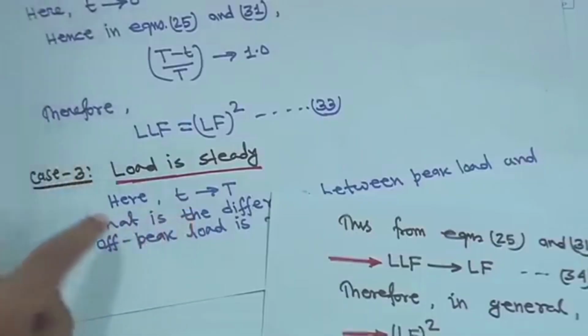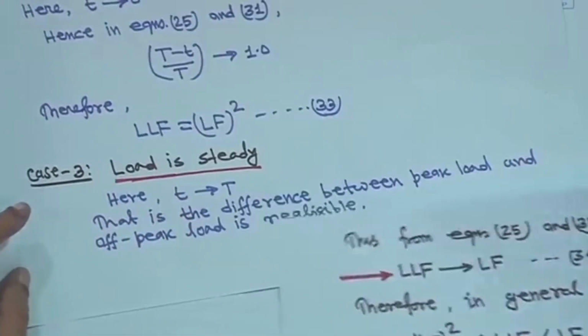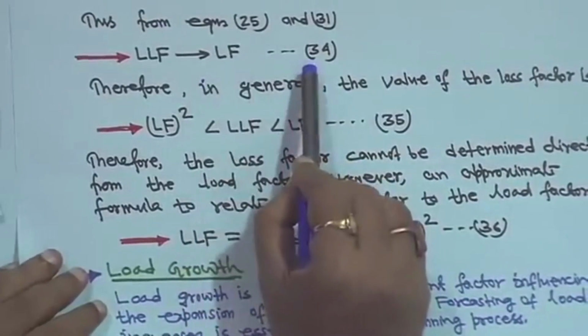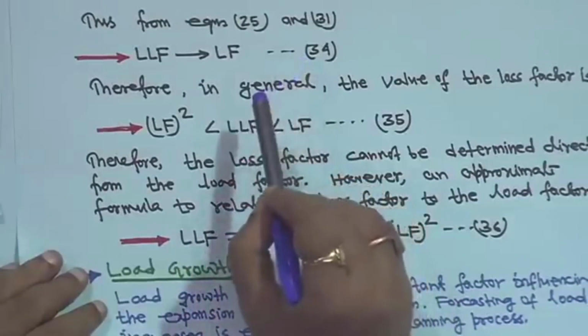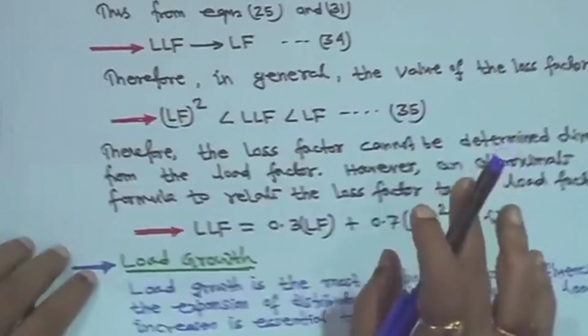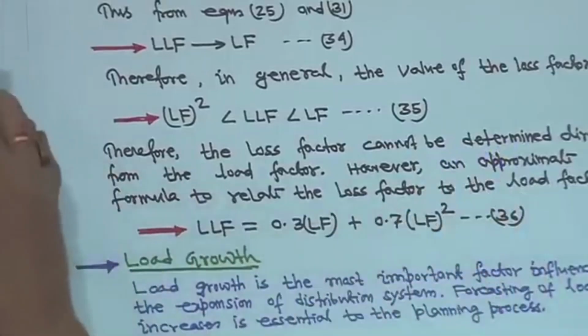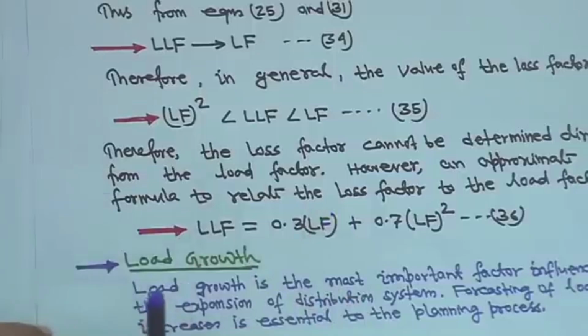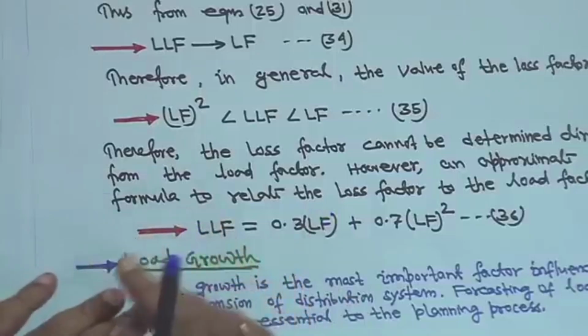That means small t tends to capital T. Therefore, when load is steady, loss factor is equal to load factor. So we got different conditions: in one, loss factor is equal to load factor, and in another, it is equal to LF square.